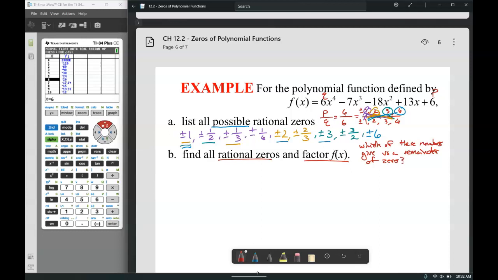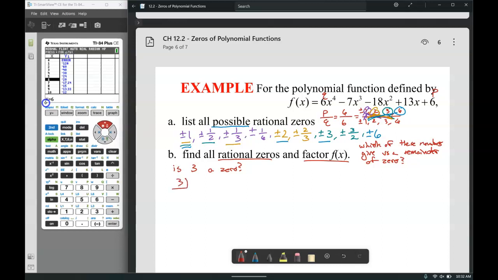Well, that's going to be a lot of guess and check. So let's say, for example, that we pick one of the numbers at random. Let's pick 3. Is 3 a 0? We're just picking one at random and going to see if it works.